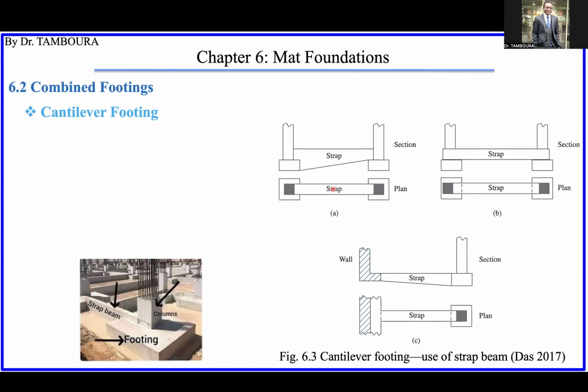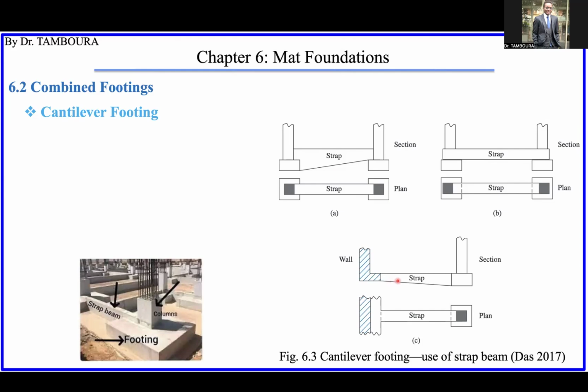So you have different shapes or different types of straps. For example, this one, you can see it going up to the bottom of the footing here, but here it is only on the top. This is just section, this is plan view, section and plan view. And C is just like a connection, special one.